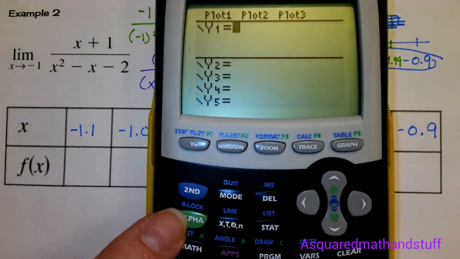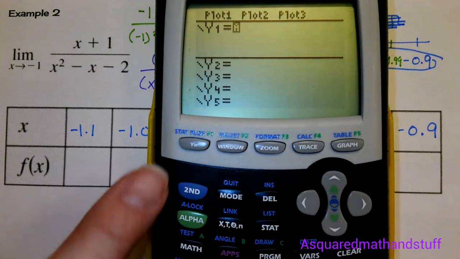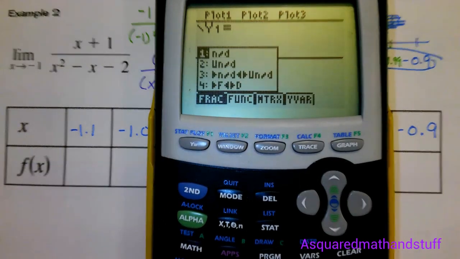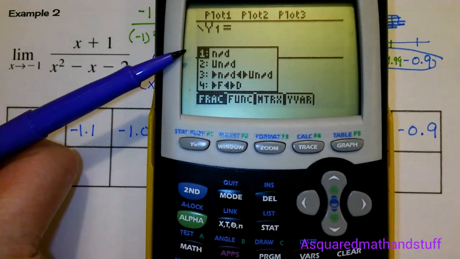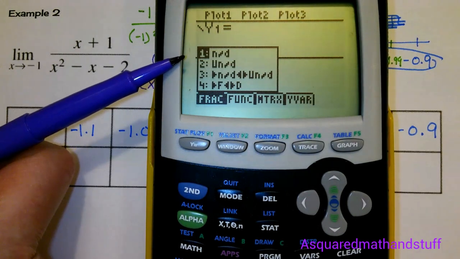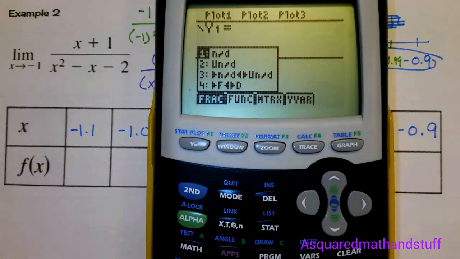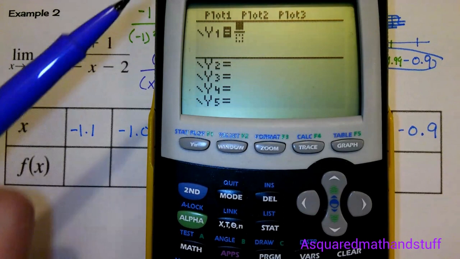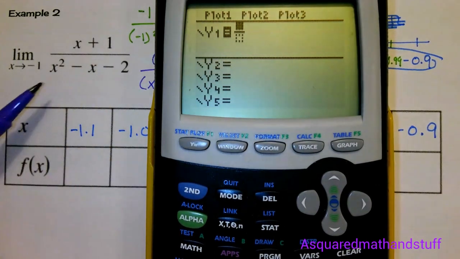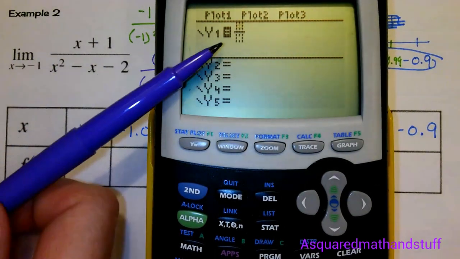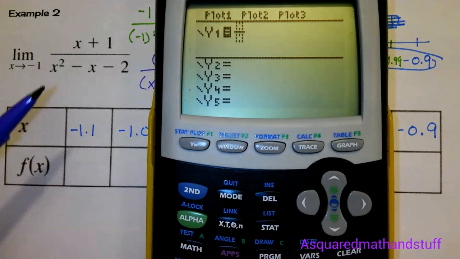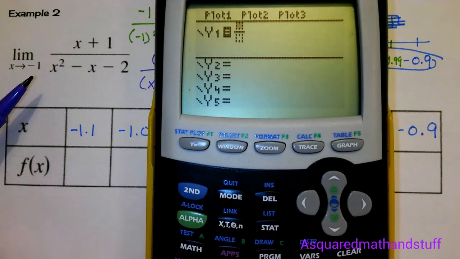If you don't know how, hit the alpha key, and then hit y equals. This first selection, n over d, stands for numerator and denominator. If we hit enter on that, we get a position to enter our numerator of x plus 1, and then a position to enter our denominator of x squared minus x minus 2.